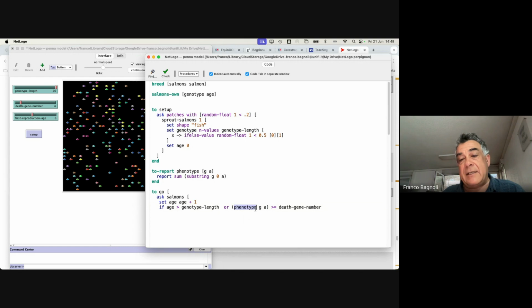Since NetLogo tries not to use too many parentheses, if you have just one element, you can write sine of x, which is exactly the same as writing sine x. But if you have more than one element, you have to put the parentheses.